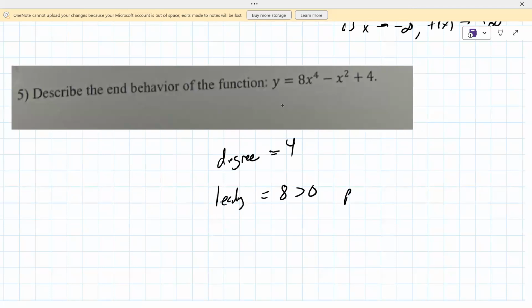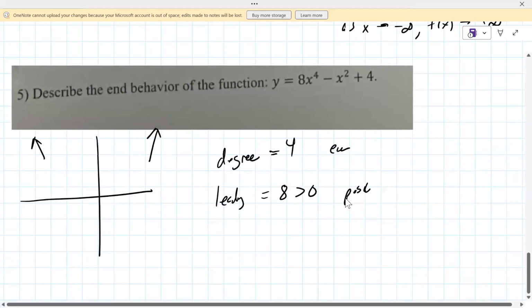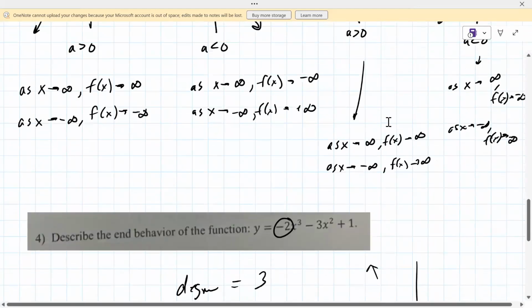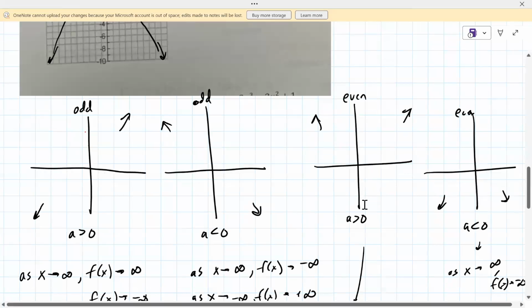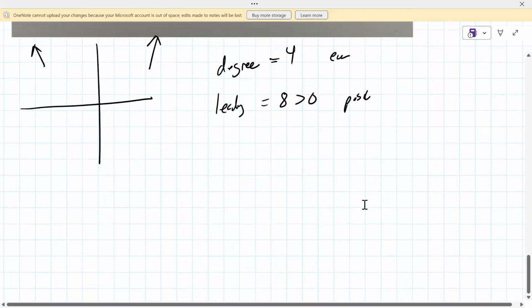So positive, you could say, and this one's even. The graph is up and up. And then you can compare it back to, which one is it? Well, it's this one here.